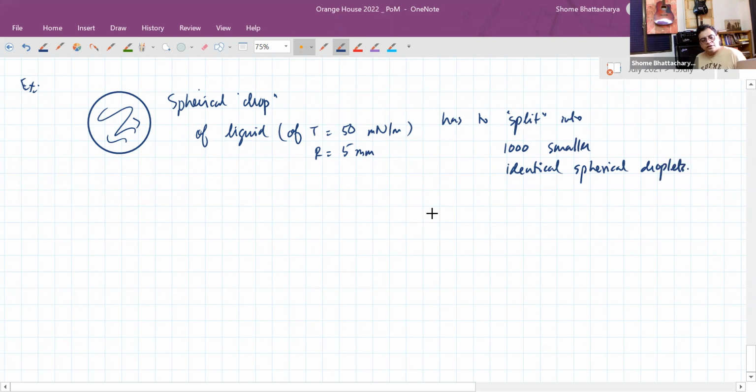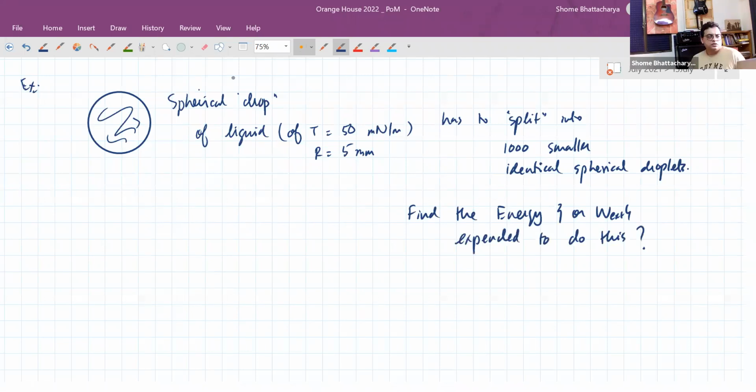So find the energy or work done, the energy expended to do this. That is, whatever external agent will have to do, or how much energy they will have to expend.